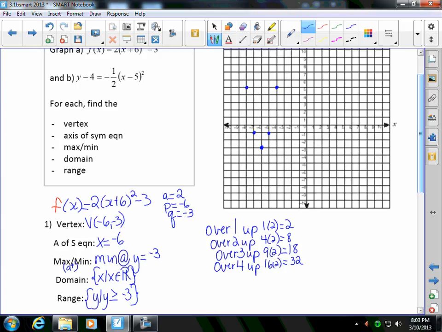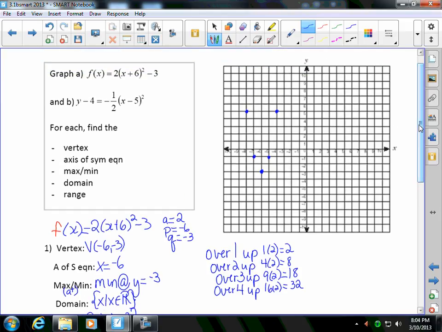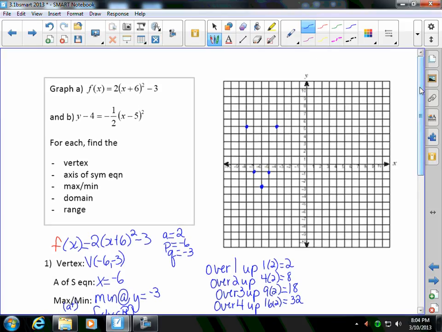And then I do over 3, up 18. It's going to be a little bit higher, and then over 3 left, up 18. So I connect my dots.